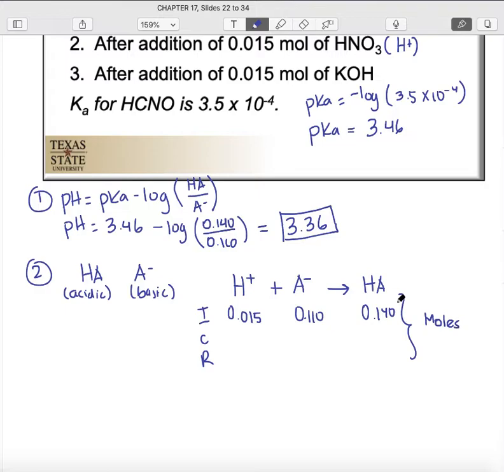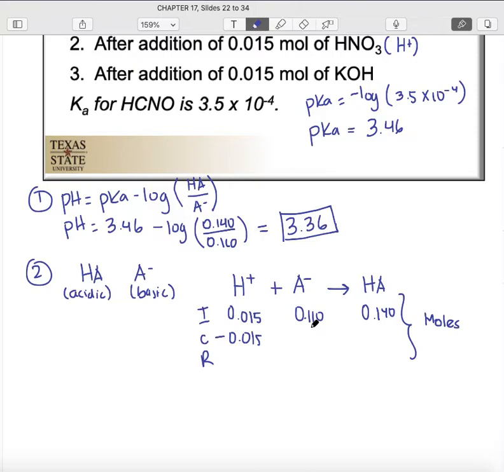We then think about the fact that all of that acid that was added is going to be consumed by the buffer. So the change is no longer an X. We actually know what that change is because it is basically all of that acid, negative 0.015.